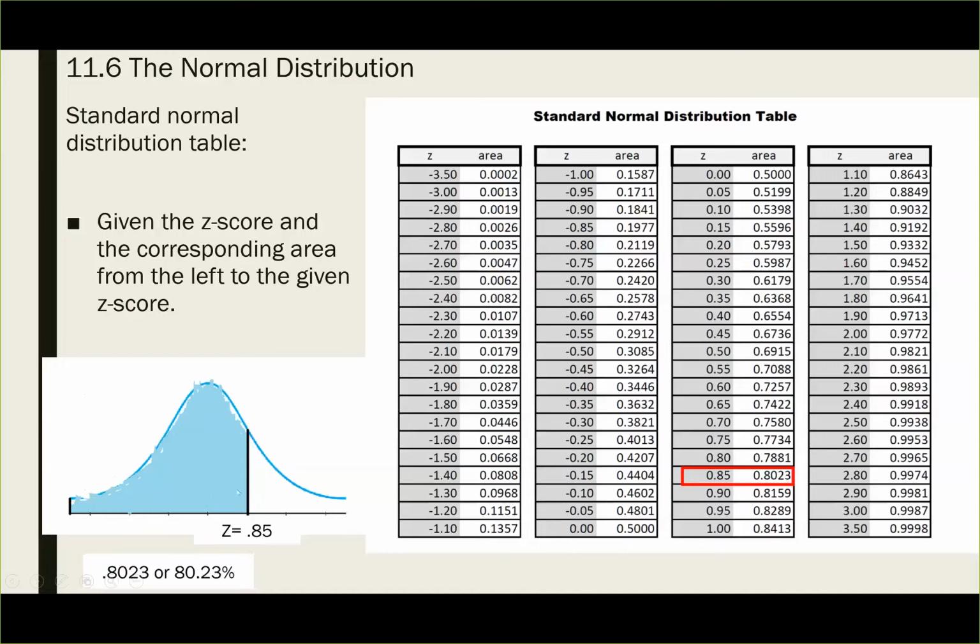So that's what we have here, ladies and gentlemen. Like I mentioned, the empirical rule is very, very limited. It's limited in that you have to go up 1, down 1, up 2, down 2, up 3, down 3. Now we have something a little bit better, in that we can find whatever area we want. This chart will tell us the position of your z-score. And again, our goal is to find the area underneath the curve.